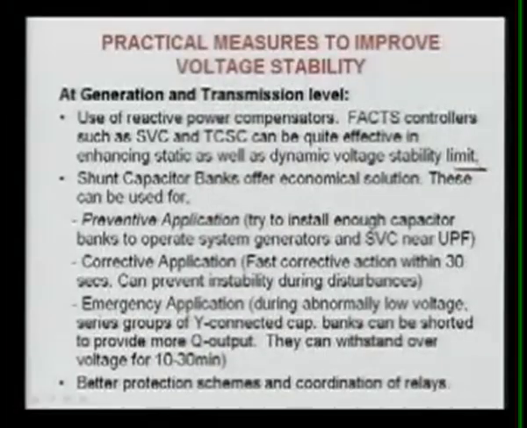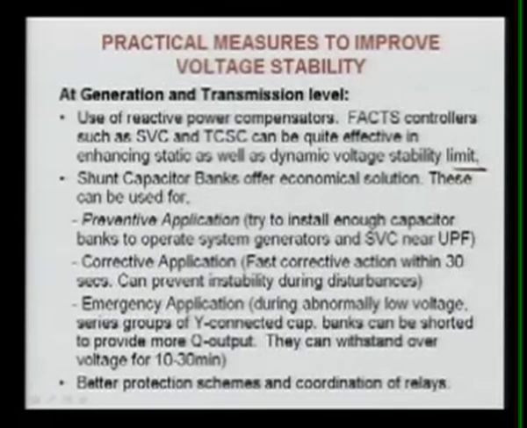But in most cases, when the system is peak loaded, we require reactive power support. So the generators must provide it, and we also have to use various capacitor banks and FACTS controllers, if they are there, to improve the voltage stability of the system.